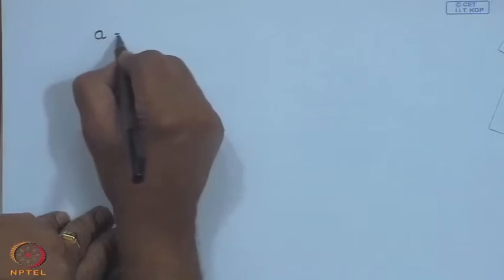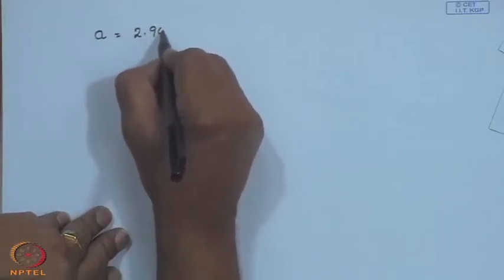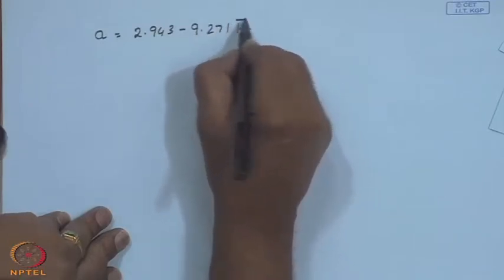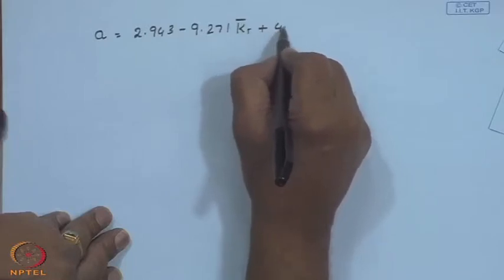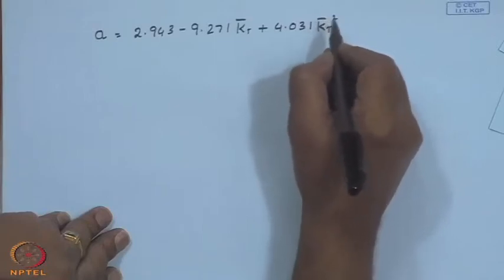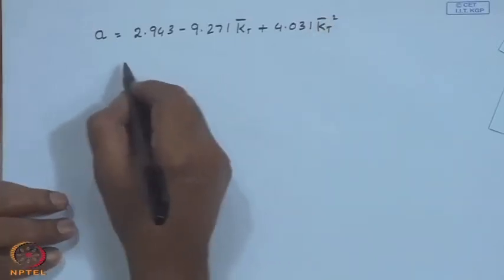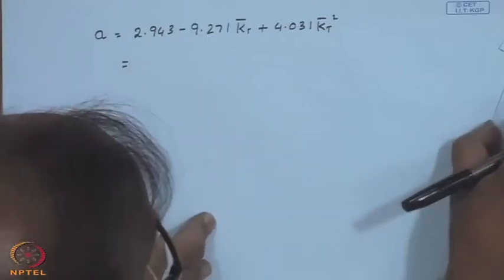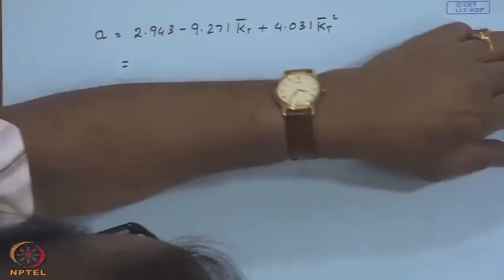So, the constants A are 2.943 minus 9.271 kT bar plus 4.031 kT bar square. So, kT bar is 0.41 something, which we have already, kT bar equal to 0.4136, somewhere we have written.